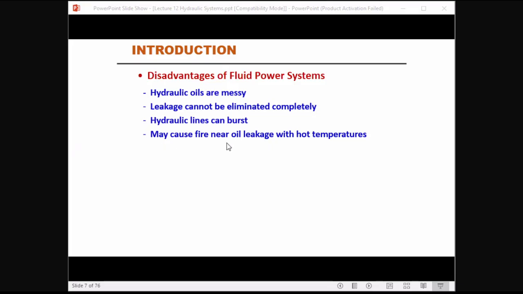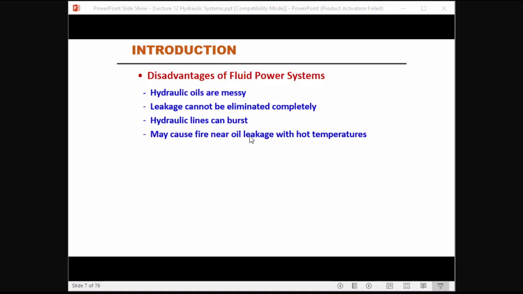It may cause fire near oil leakage with hot temperatures. Hydraulic oil is flammable.